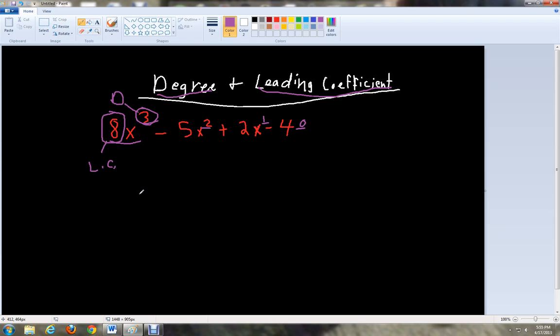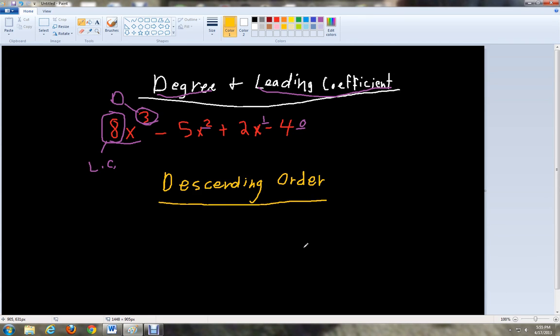So there's an important thing you need to know when you're doing polynomials, and there's a certain order in which mathematicians like to write polynomials. And they do this for a certain reason. It's called descending order.